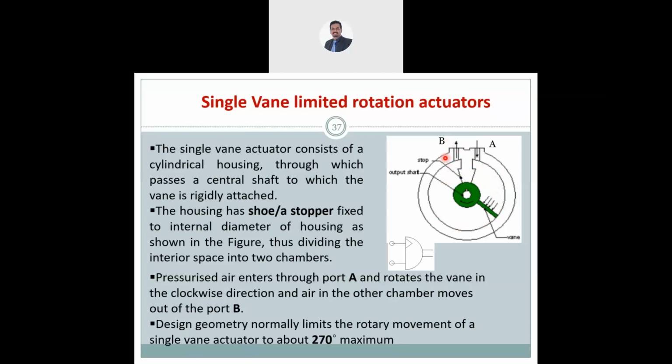Then if you want it to go back to the other side, you supply from B. Okay, it swaps places. Okay, so because of the stopper, it can go a maximum from here until here, 270 degrees. So that is what we call a single vane limited rotation actuator.